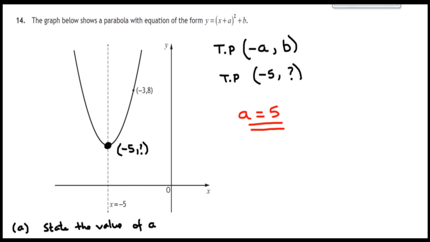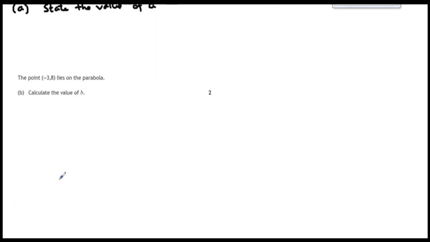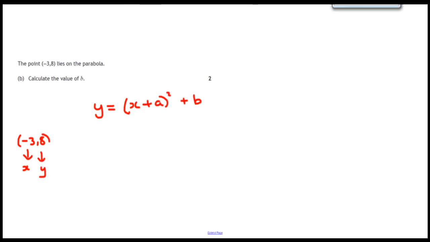So y is equal to, and read off your equation, (x plus a) all squared plus b. Now I've got to substitute in the point (-3, 8), and I know that that's x, and I know that that one there is y. Now I've also worked out the value for a, so it's (x plus 5) all squared plus b. So fill that in first.